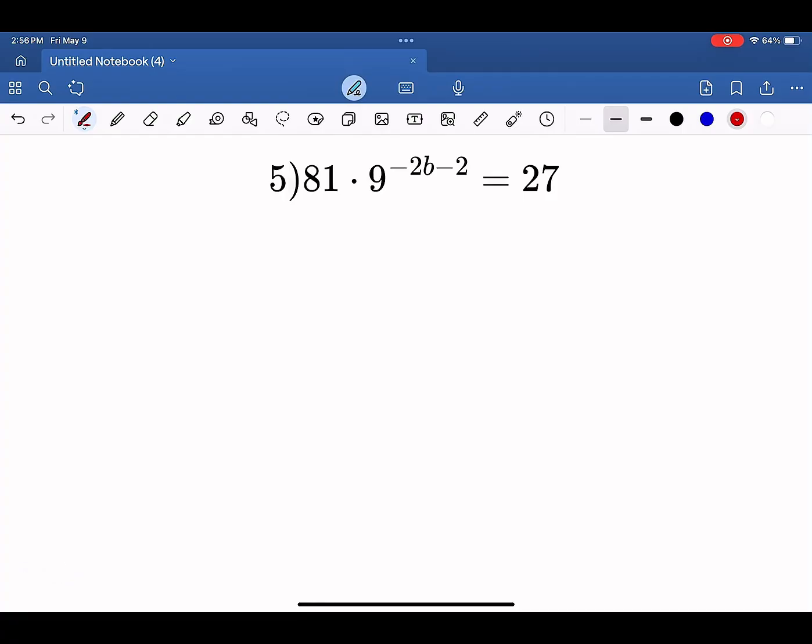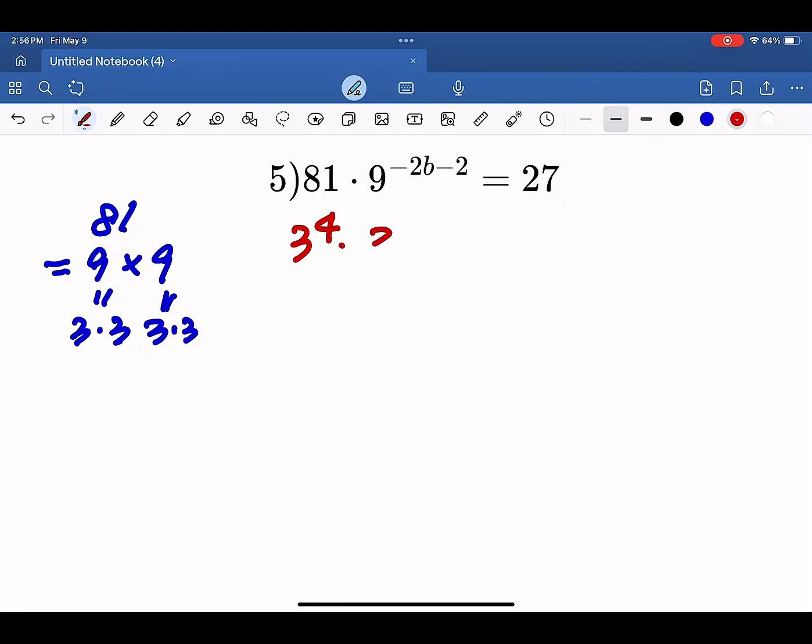Next one, 81, 9, 27. 81 is 9 times 9, which gives you 3 times 3, another 3 times 3. So 81 is 3 to the 4th power. 9 is 3 squared, to the negative 2b minus 2, equals 27, which is 3 to the 3rd power.